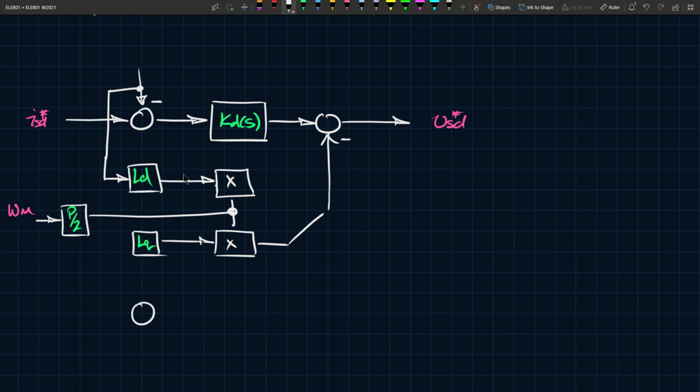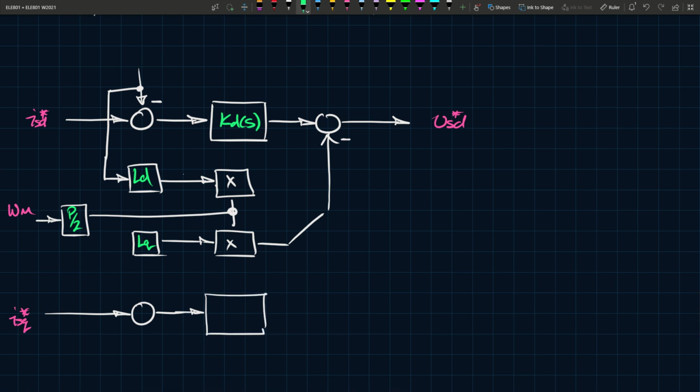At the bottom here, we can have ISQ star kind of come in like this. And that would come from your torque reference, right? So you'd want to apply a certain torque, and you would say, okay, this is the torque I want. This is the ISQ I need as a result, because I'm trying to put this into the context of electric vehicles, of course, and the discussions that we're having with all these concepts.